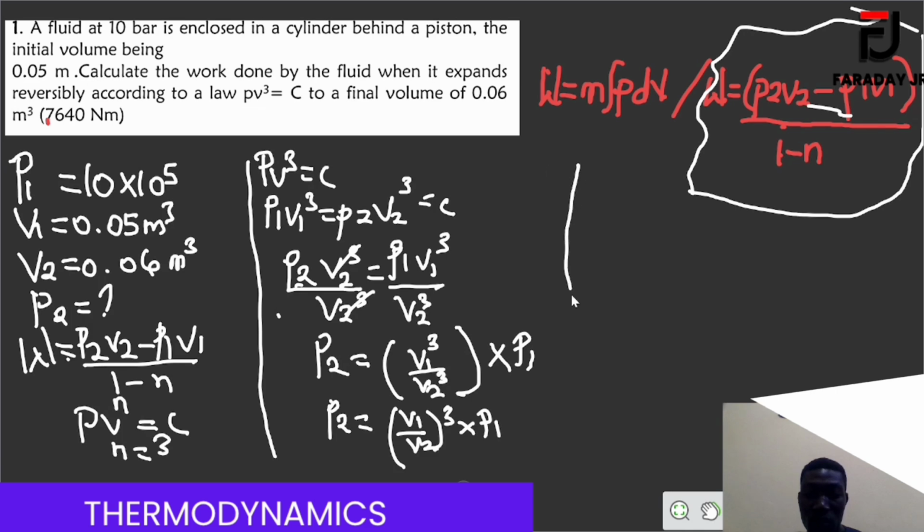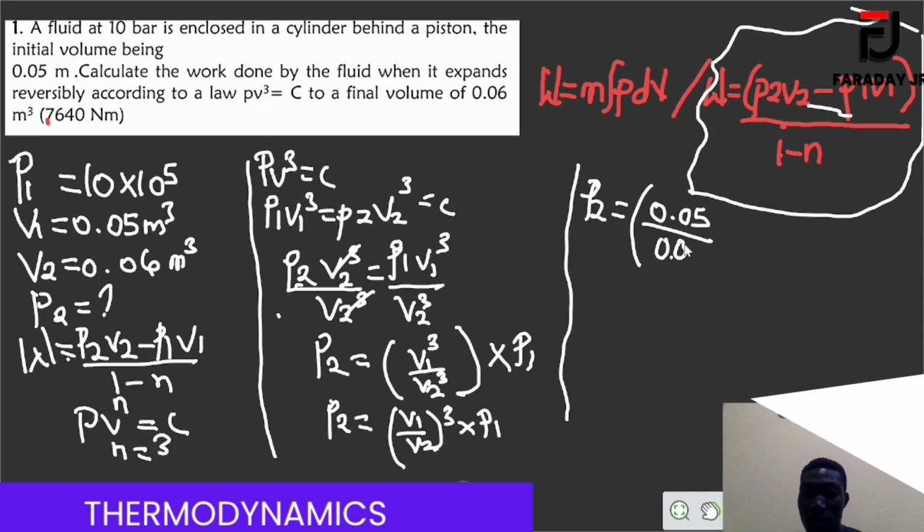So we are now going to have our P2 to be equal to, from this, you know our V1. Our V1 was 0.05 over, what's our V2? Our V2 was 0.06.